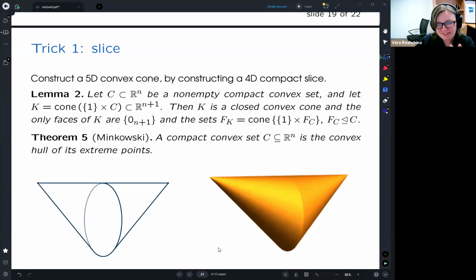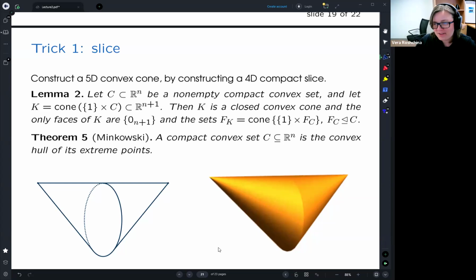If I have a pointed convex cone that has 0 as its face, then I can always slice this cone with a linear space of dimension n-1, if the cone is n-dimensional, and obtain a compact convex set that has faces matching pretty much exactly the facial structure of the cone. So when we try to construct cones in high dimensions, we can take a slice and try to construct a compact convex set that has the desired facial structure.